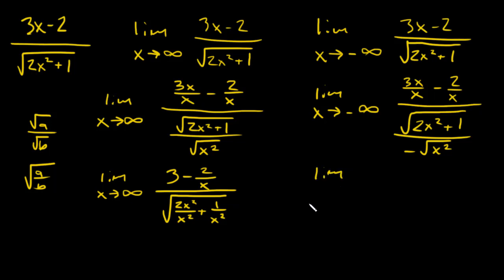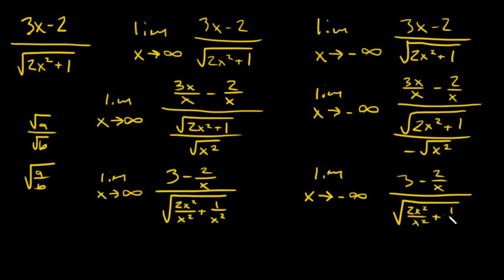It's going to be exactly the same, except there's going to be a negative sign out in front. So this is going to be 3 minus 2 over x, over the big root of 2x squared over x squared plus 1 over x squared, and don't forget the negative sign out in front. So now this one is going to settle down.